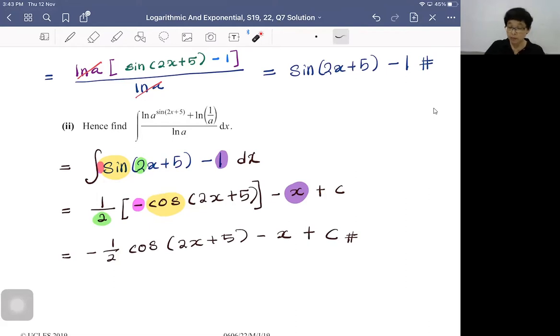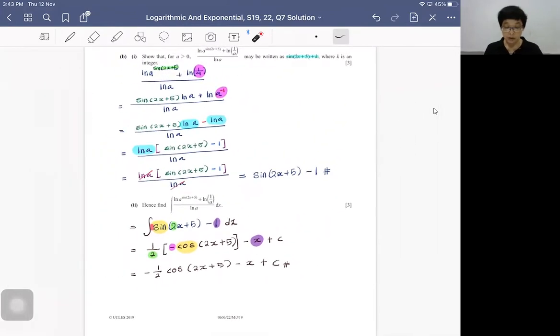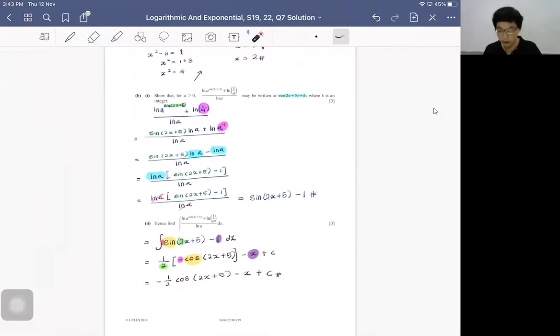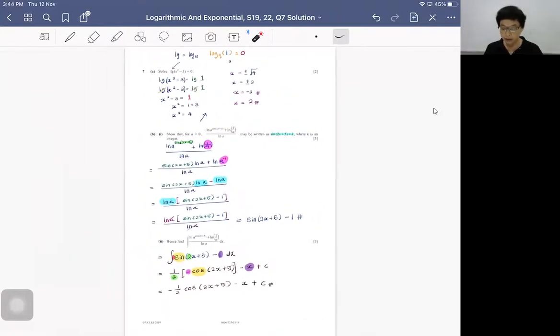We put a plus c in case there was a constant in the original equation. By slight rearrangement, putting the negative to the front to make it look better, we get negative half cosine 2x plus 5 minus x plus c. There you go. You have successfully concluded this whole question and pocketed for yourself a total of 8 marks.